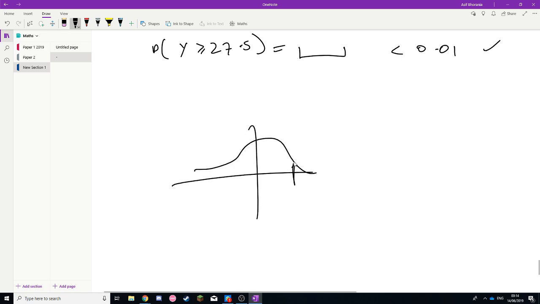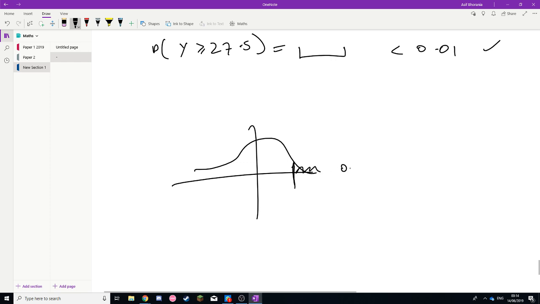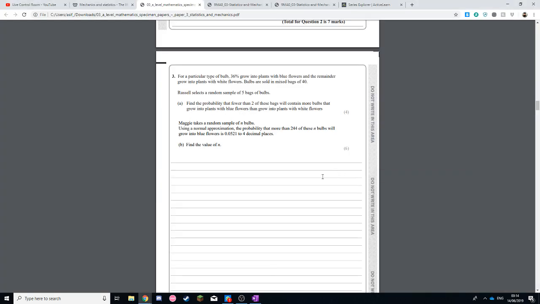You want to find a z value such that this area is 0.0521. So inverse normal of 1 minus that, and you get a z value.